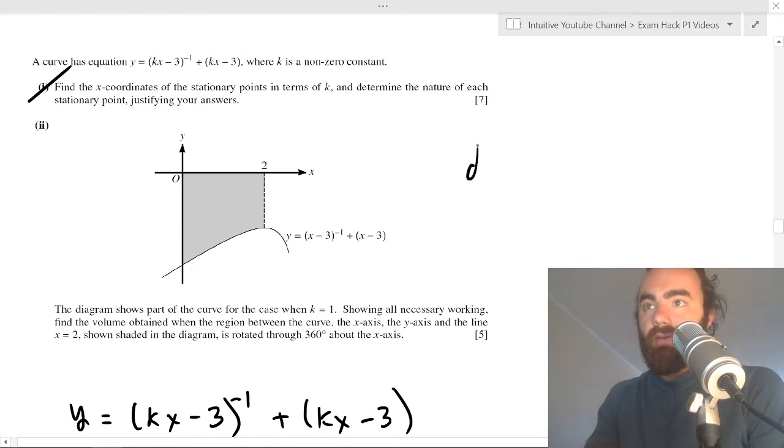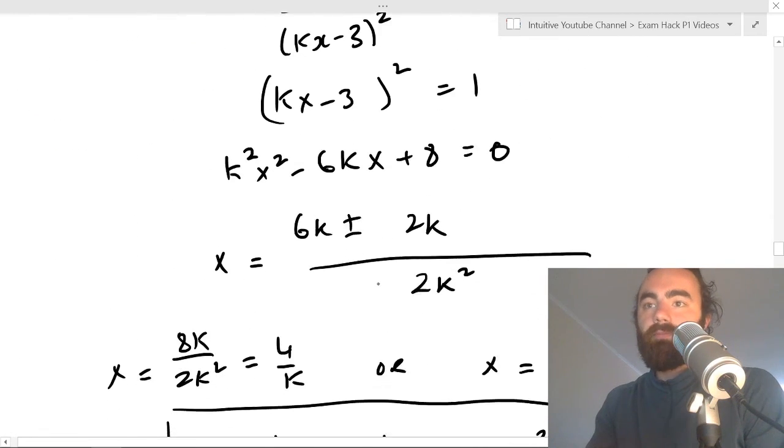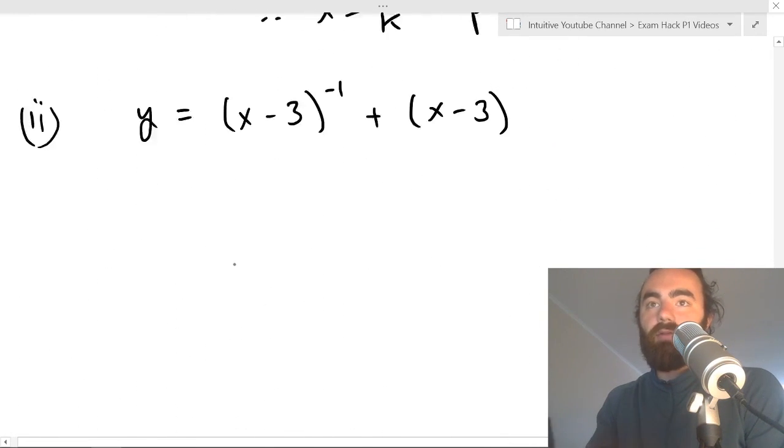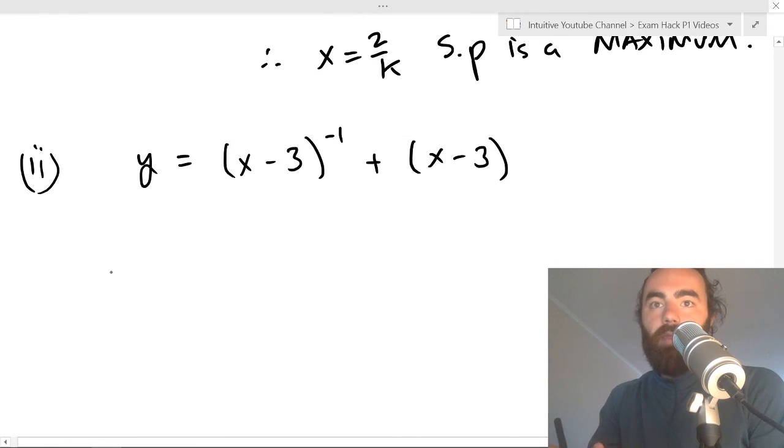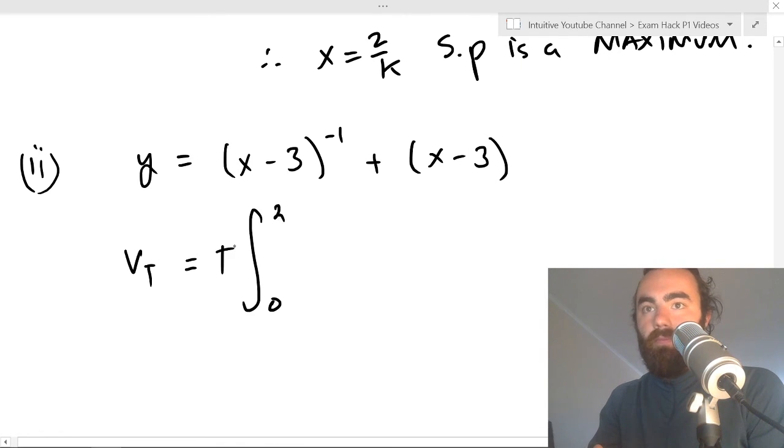Well, if you've seen my integration video, our small dV here is pi y squared dx. So if we want the total volume between x is 0 and x is 2 of that rotated region, then our total volume will equal the integral between 2 and 0 of pi y squared dx.